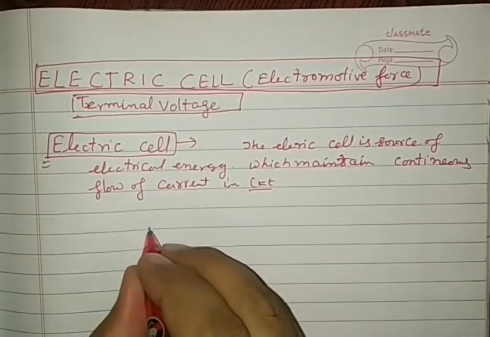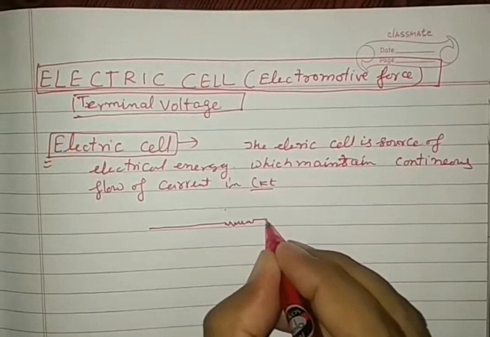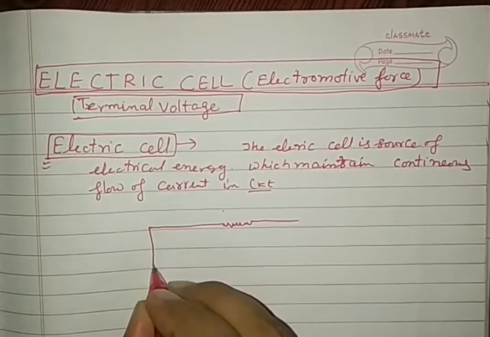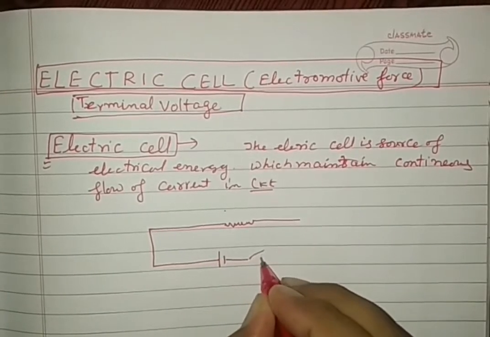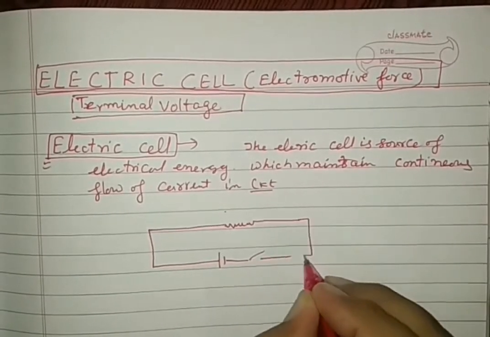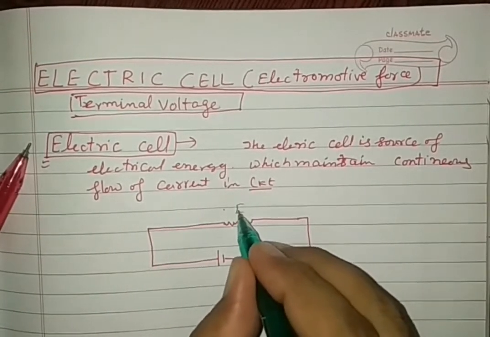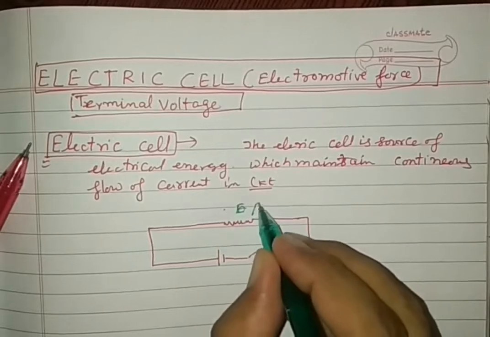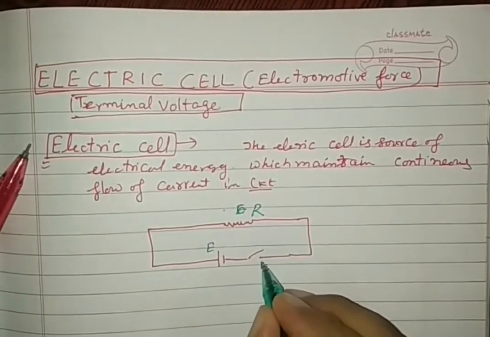See one diagram here. Let it be a symbol for resistance, symbol for cell, key, it is connected. Let this cell have EMF E, this resistance has resistance R, and there is a key.